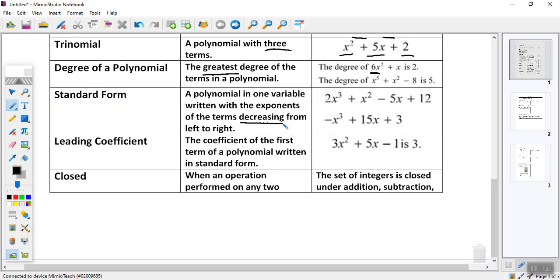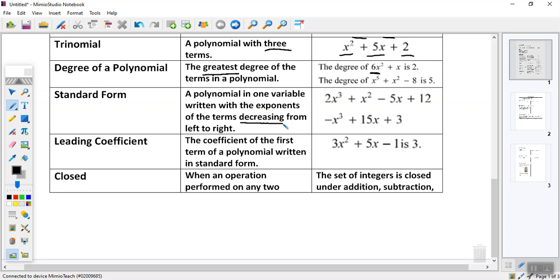Leading coefficient. Somebody want to read that definition for me? Coefficient of the first term of a polynomial written in standard form. So first of all, what degree is this right here? Degree 2, because 2 is the highest power.